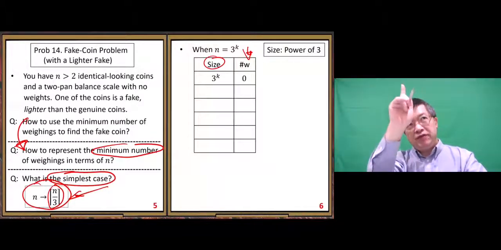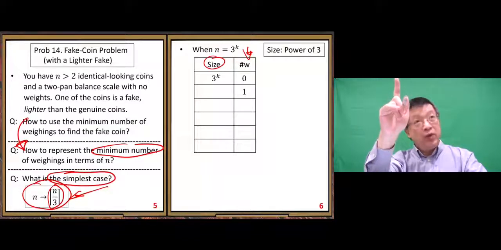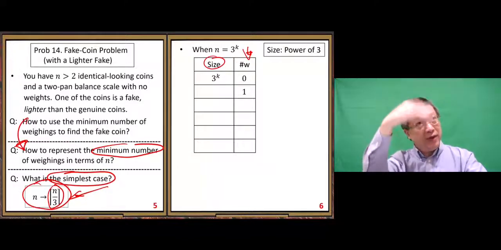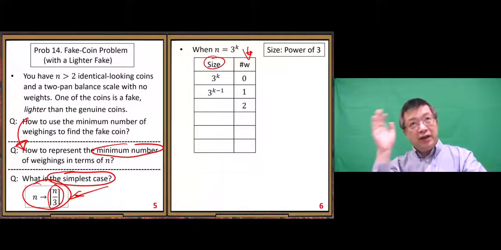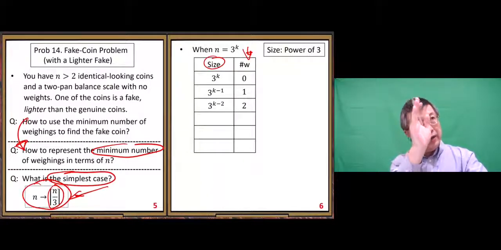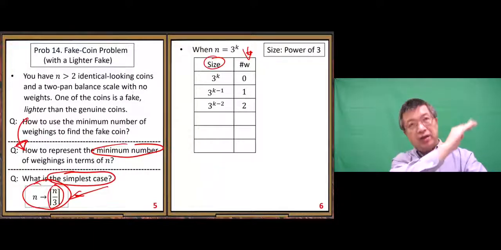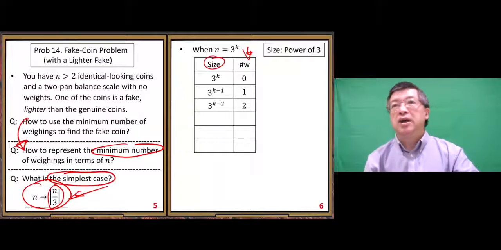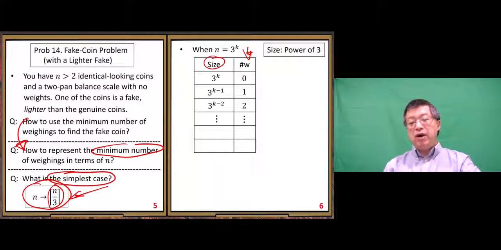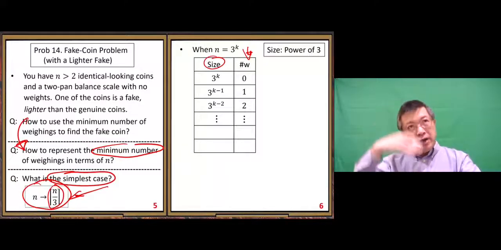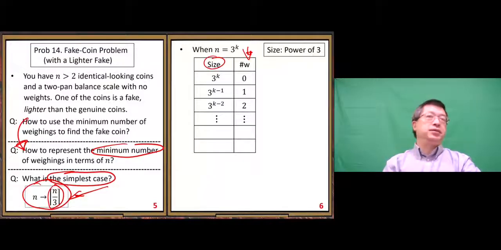Next, we do the first weighing, then we reduce the size by dividing by 3, right? So 3 to the k minus 1. Another weighing, we reduce the size by another division by 3 operation: 3 to the k minus 2 power. And so on. We keep going this way. At the end, what do we get?